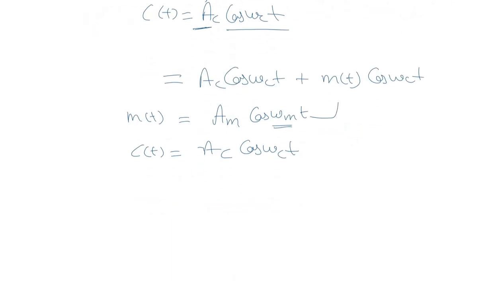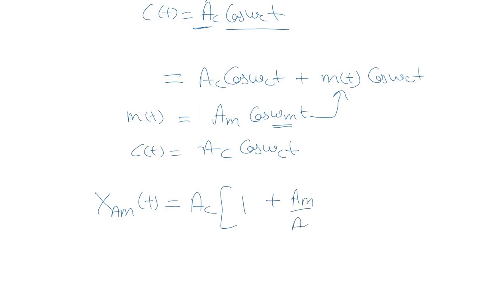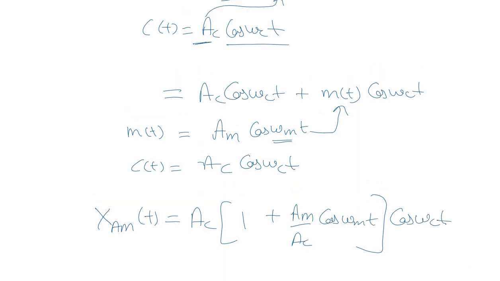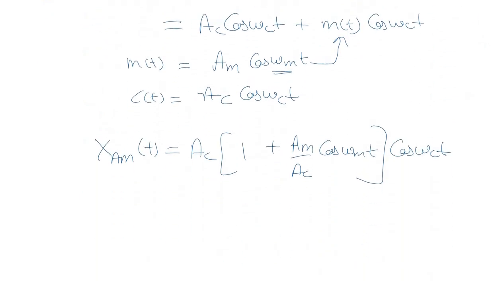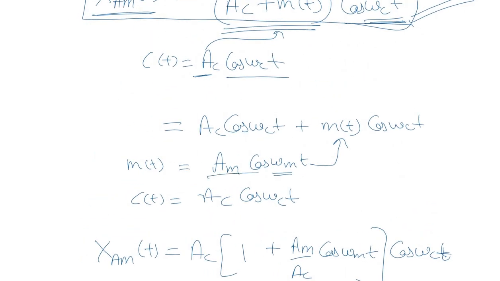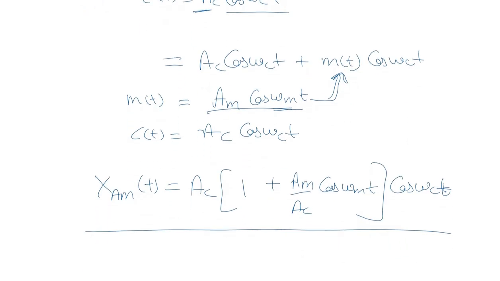Substitute this value of m(t) in this expression, and doing a little bit of mathematical manipulation, we get x_AM(t) as AC, if we take AC common, it becomes 1 plus AM by AC cos omega_m t, into cos omega_c t. I hope you are able to correlate this expression. We have just substituted the value of m(t) as AM cos omega_m t in this expression, and then taken AC cos omega_c t common. That's it.